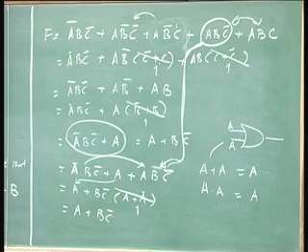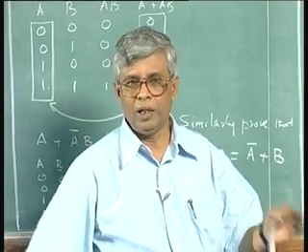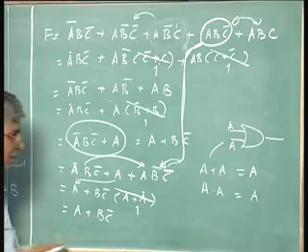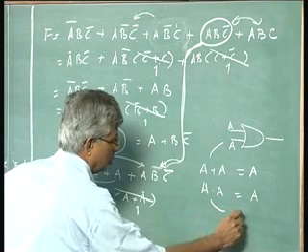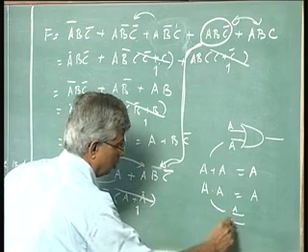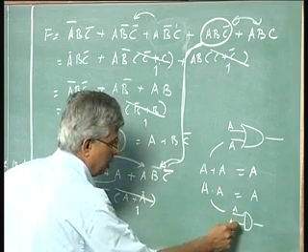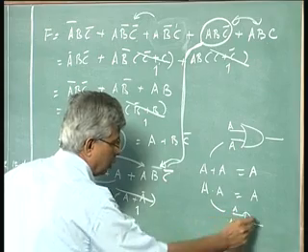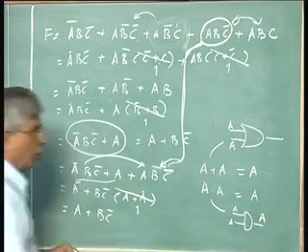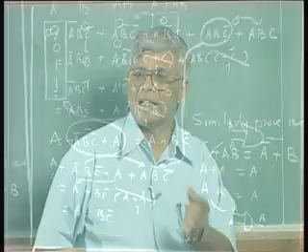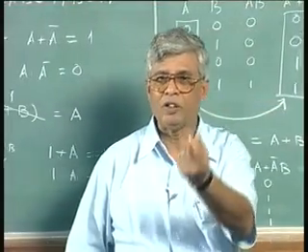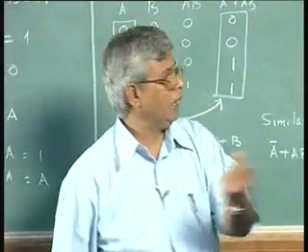If A is 0, both the inputs are 0, the output is 0. Similarly, in an AND gate, if A is 0, this is also 0, and if A is 1, this is also 1. So, that means I can use repeatedly the same term again and again for simplification purposes.